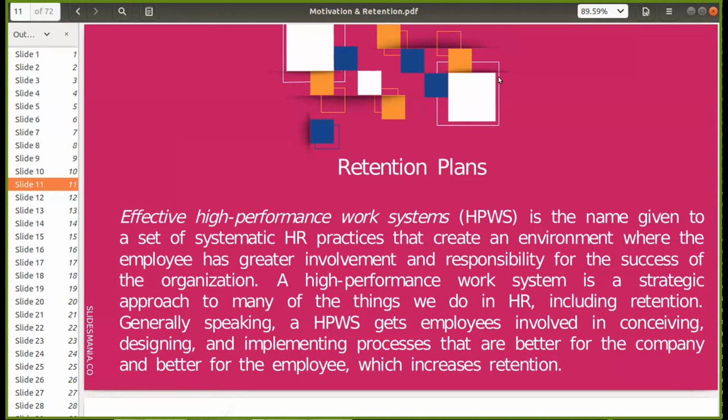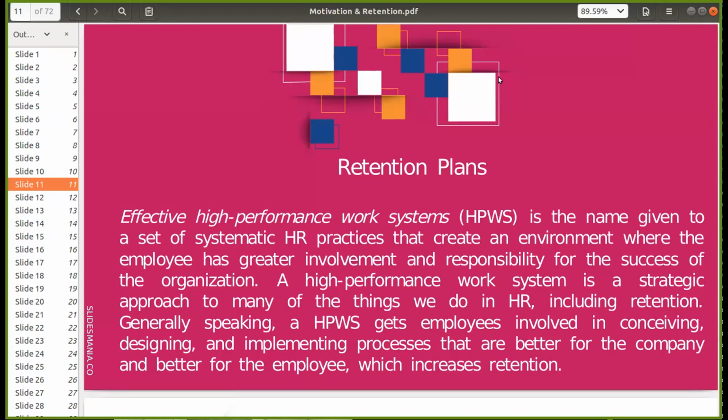So the employee must feel involved in the organization. So feel niya siya ay part ng overall success ng organization. Okay? So an HPWS is a strategic approach to many of the things an HR does, including retention.